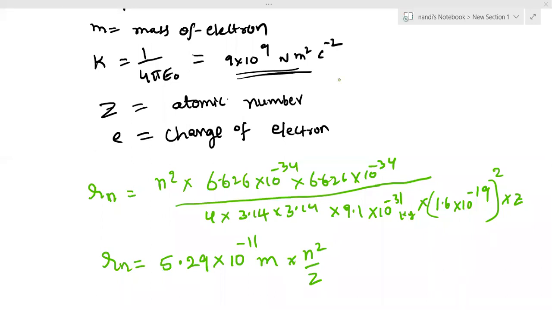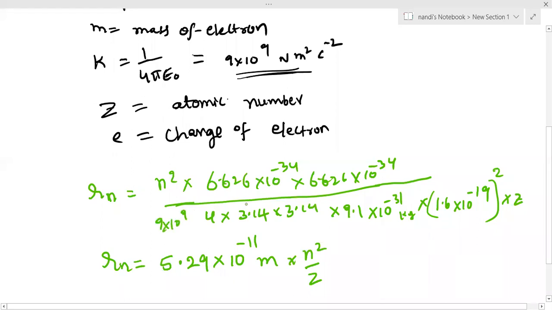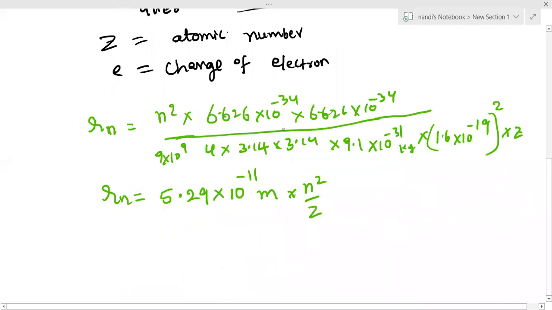Please write K value also, 9 into 10 power 9. Then substitute all values. Finally we get this expression, just substitute all the values in the formula.